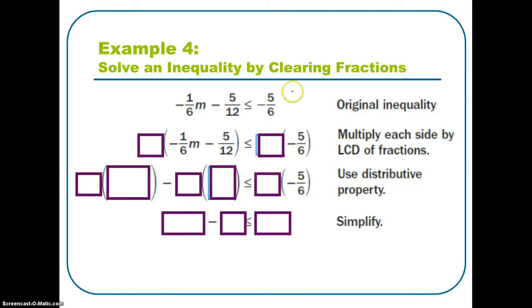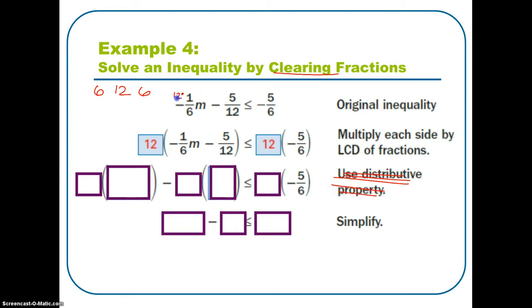We can solve an inequality the same way by clearing the fractions using the LCD. So just like before, find the LCD of 6, 12, and 6. That's going to be 12, so we multiply. And see, I kind of cut out this step if you noticed in the last examples.